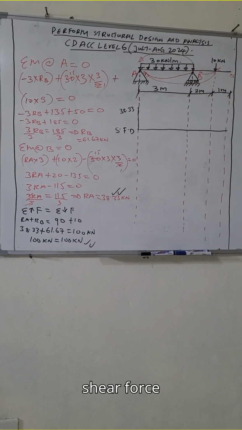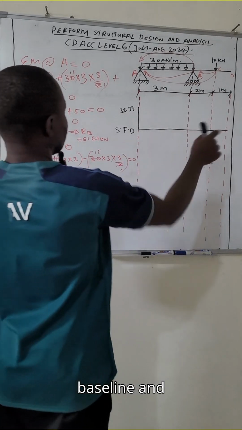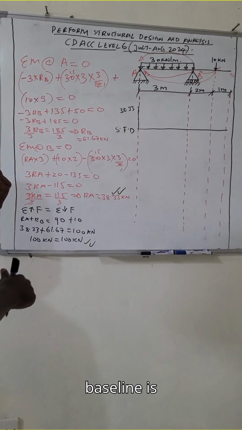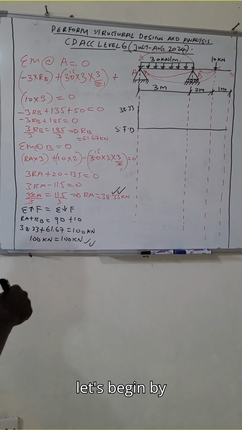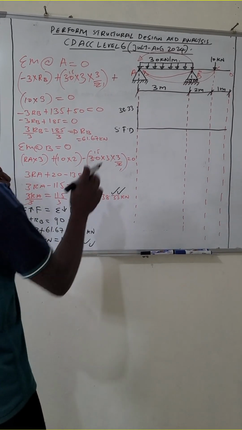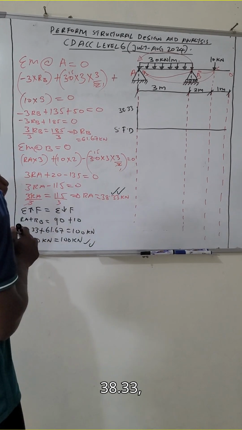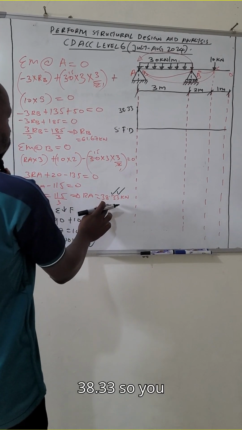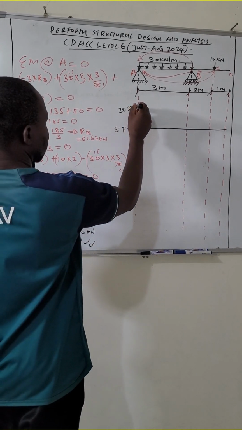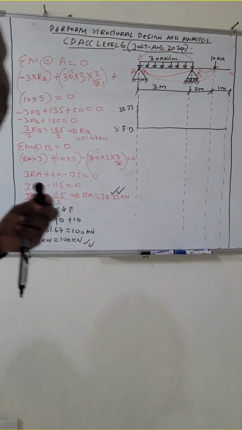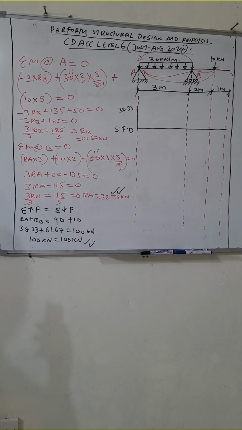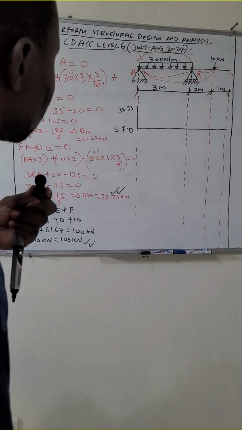Let's draw the shear force diagram. So we'll draw the baseline, and above the baseline is positive, and below the baseline is negative. Let's begin with reaction at A, which is 38.33. So you approximate it there, 38.33, and it's positive.